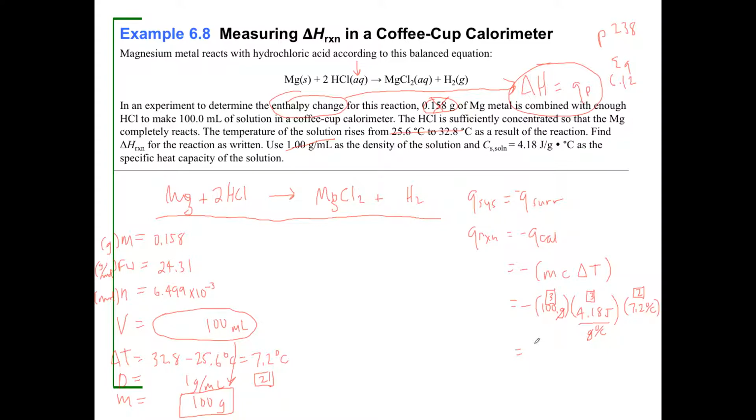I'm left with 100 times 7.2. I'm going to do this in the same order as you see it: 100 times 4.18 times 7.2, which is 3009.6 joules.